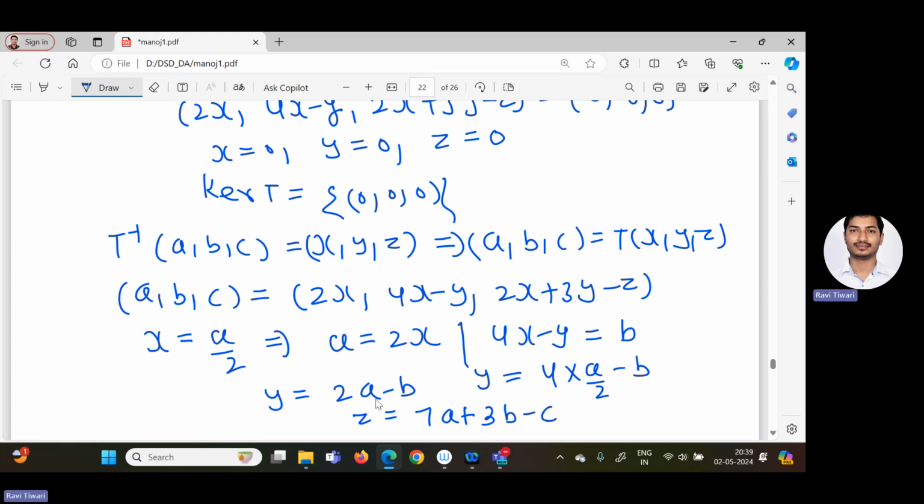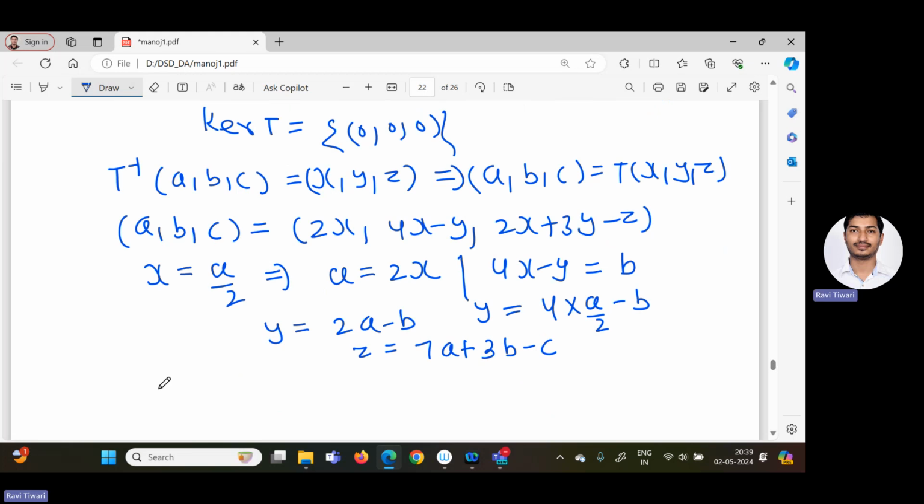So what will be T inverse of a, b, c? In the beginning we considered T inverse of a, b, c equal to x, y, z. The value of x is a by 2, the y value is 2a minus b, and the z value is 7a plus 3b minus c.